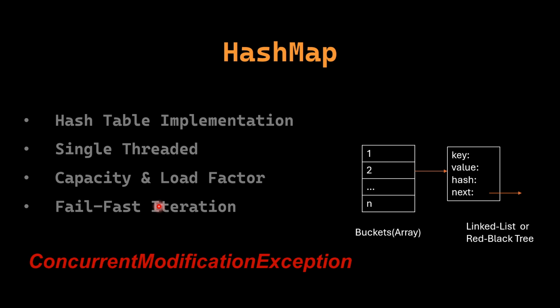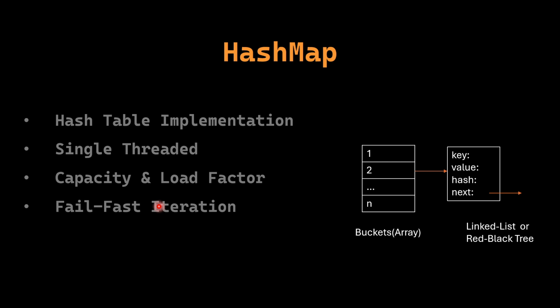This behavior serves as an early warning system, preventing you from continuing with potentially corrupted data. However, this also means HashMap is completely unsuitable for concurrent modification without external synchronization. In fact, concurrent modification in older Java versions could even cause infinite loops.